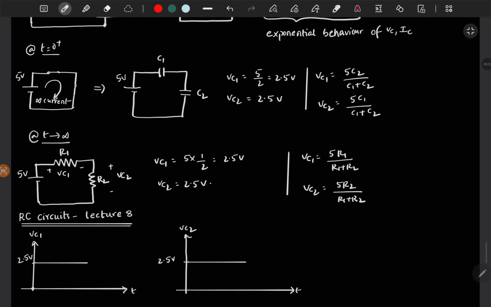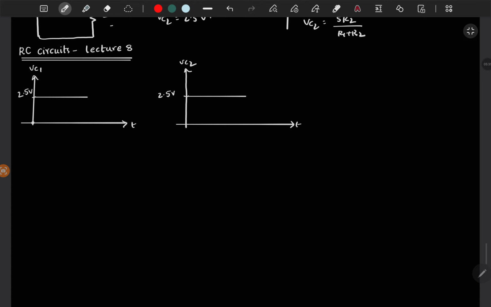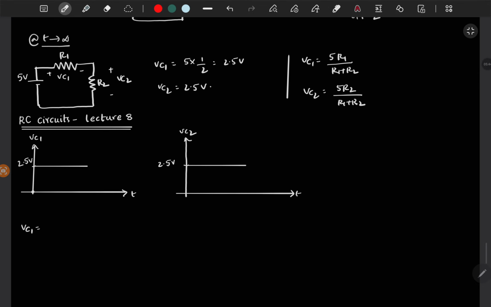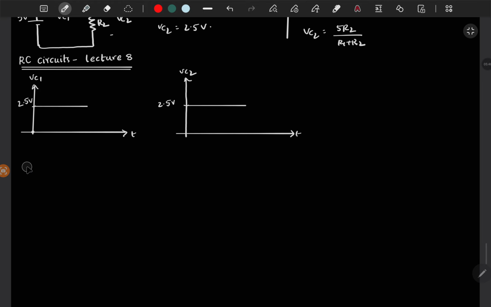So now if you find the general expression of Vc1, if you remember, the general expression of Vc of t is equal to the final value plus initial value minus final value times e power minus t by tau. This is only for a first order circuit.